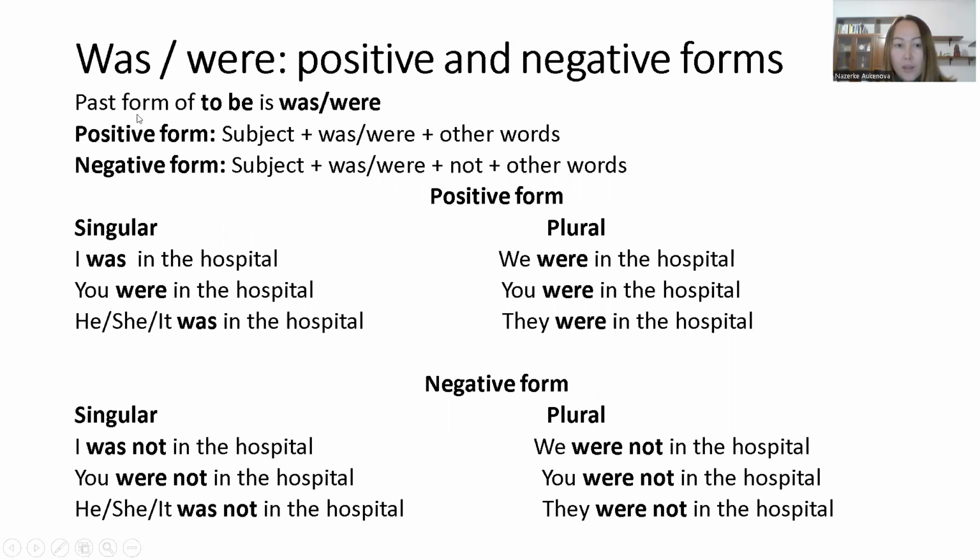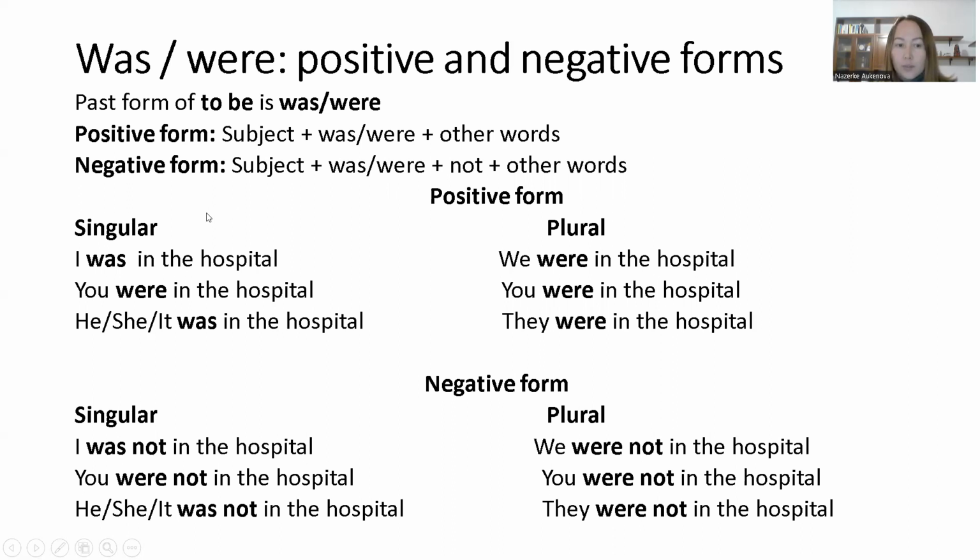The past form of to be is was and were. The structure of the positive form is we put in the first place the subject and then was or were and other words. In the negative form, we use the same structure, but here we need to use not after was and were.